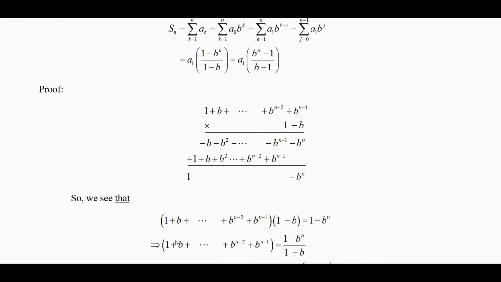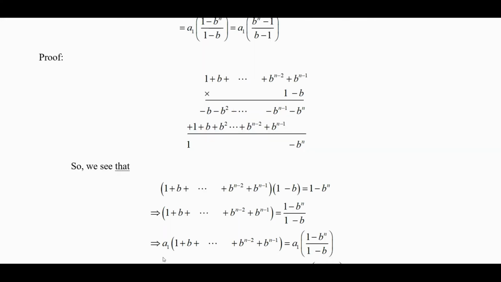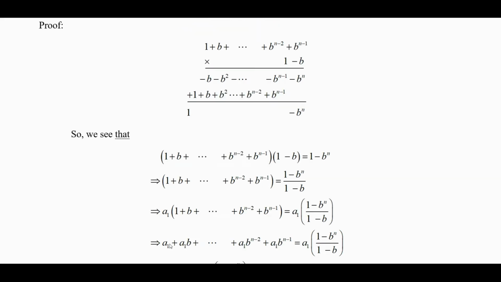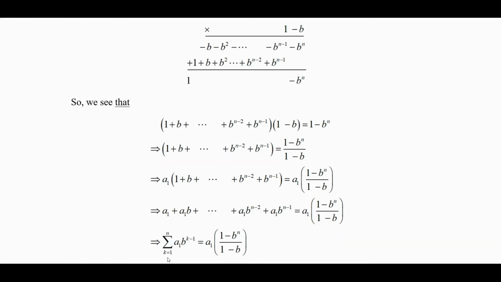If I multiply both sides by some number a sub 1 and then distribute on the left, we see that the first term on the left is a1, and the second term is a1 times b, and the next one is multiplied by another b, a1 times b squared, and so forth. So this left side is exactly the sum from k equals 1 to n of a1 times b to the k minus 1, which is exactly the first n terms of a geometric series.